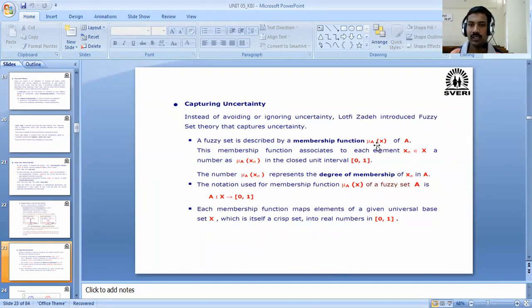Okay, what do we call it? Membership function, we can represent, and the interval we can write as 0 to 1.